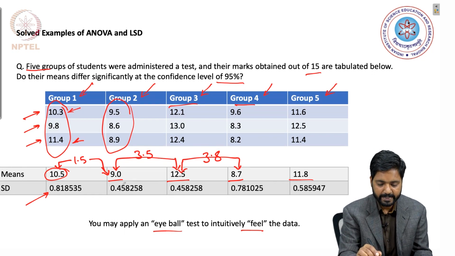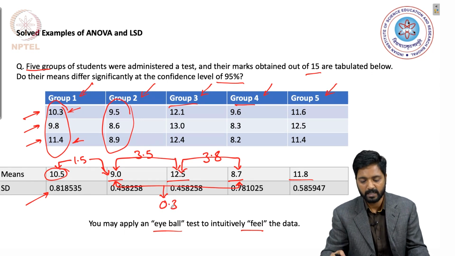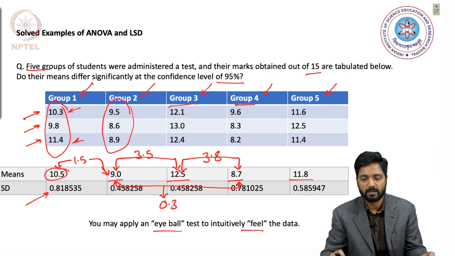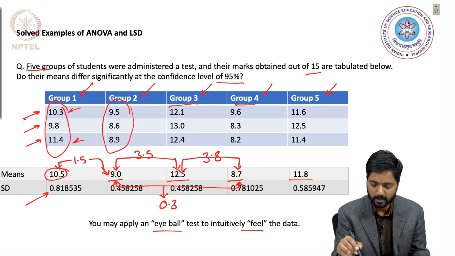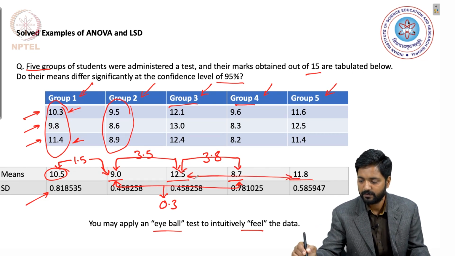So, what we see is that only group 2 and group 4 have a mean difference of 0.3. So, these two groups have statistically similar means. All the others will turn out to be statistically different, except again, for example, groups 3 and 5.